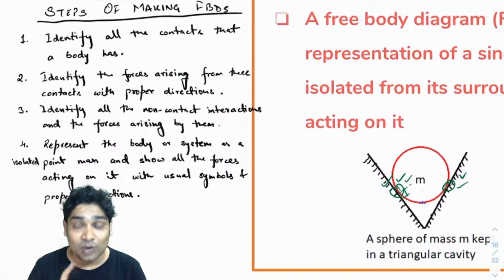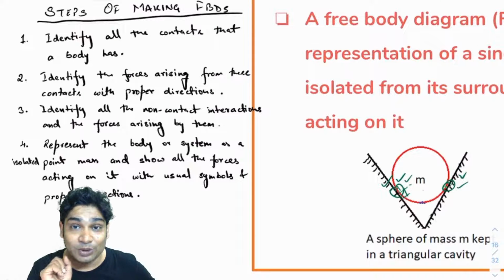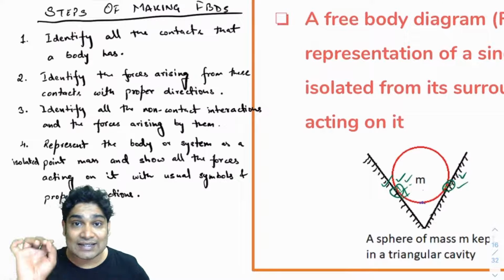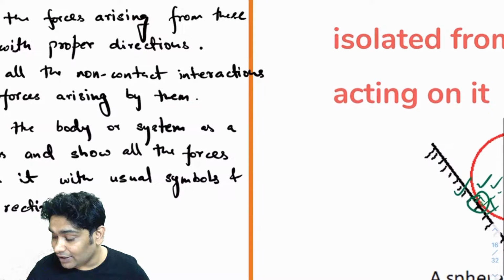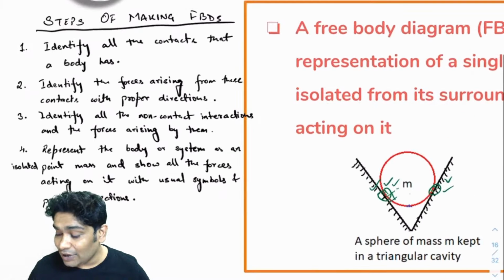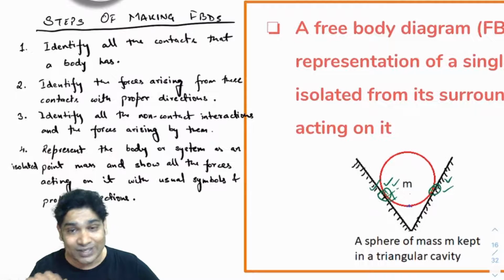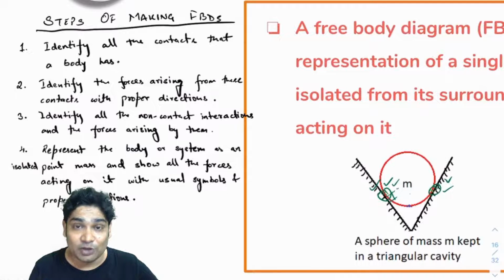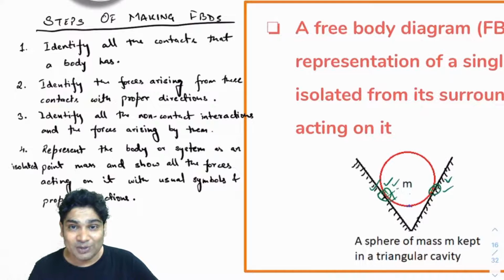Once you have identified that, finally you identify all the non-contact interactions and the forces arising due to them. And finally you represent the body or any system as an isolated point mass, and show all these forces acting on it with usual symbols, which is generally N for a normal reaction, T for tension, and Fs for spring force.